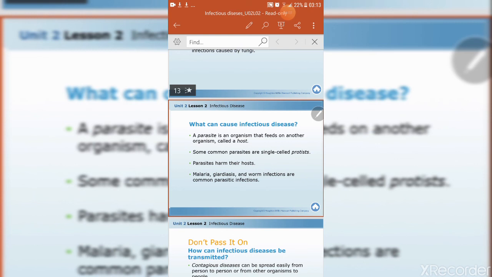The ascaris can be passed on if you eat unwashed fruit or vegetables. That's why we have to wash fruit and vegetables very, very well and for a long time, not just pass them quickly under the water. You have to wash them very well.